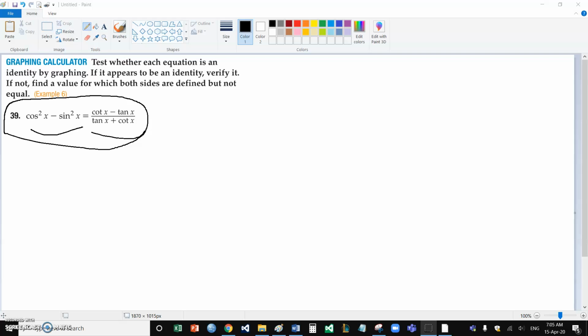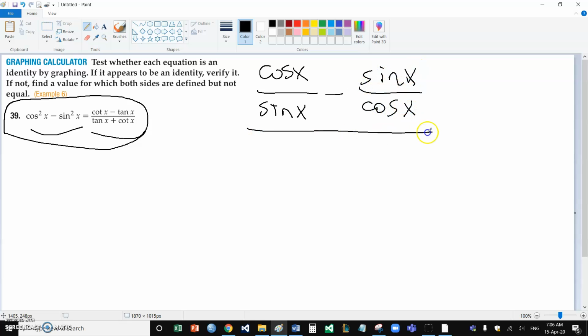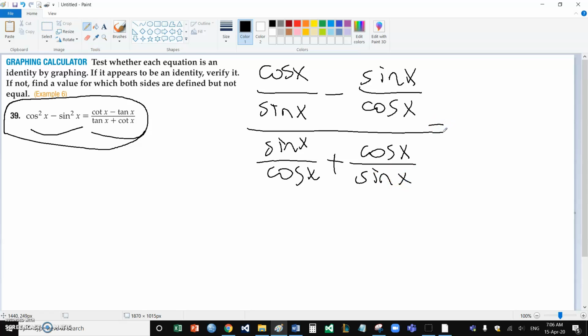Let's look at the right side first. Try to convert everything to sine and cosine. So what we have is cosine x over sine x minus sine x over cosine x, over sine x over cosine x plus cosine x over sine x. The common denominator here is sine x cosine x.